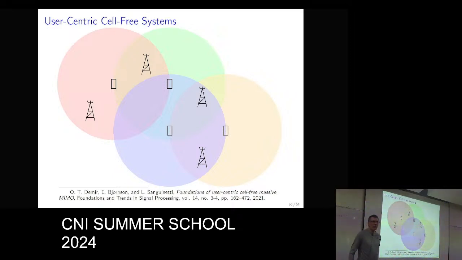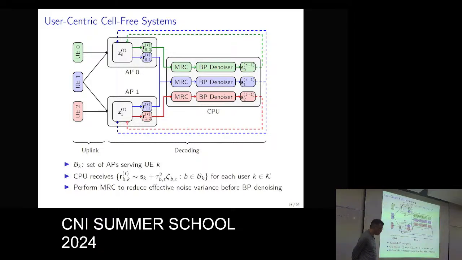Okay. So I wanted to say a few things. It seems that cell-free has been popular as a model to try to move away from cellular models and have a lot more small cells drawn around an area. And what happens with this is you don't have cell boundaries, so it's not like you're going to have a defined set of users to decode from. So can you do AMP for that?